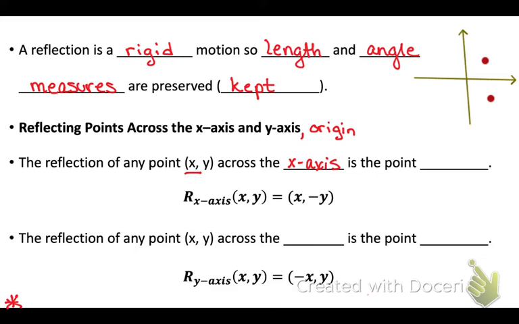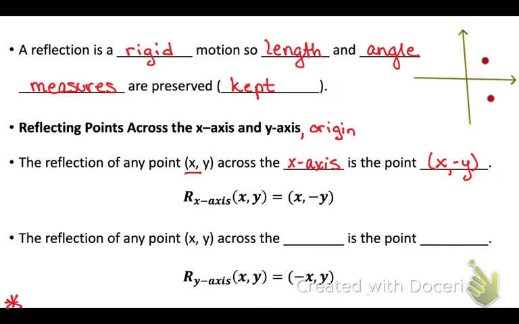Negative y. Does the x change at all? No. So if we went from quadrant 1 to quadrant 4, the y would go negative, but if I went from the bottom to the top, then it would go positive. So we just say it would be x, comma, negative y.